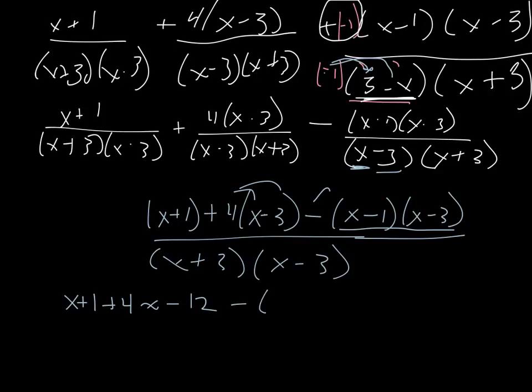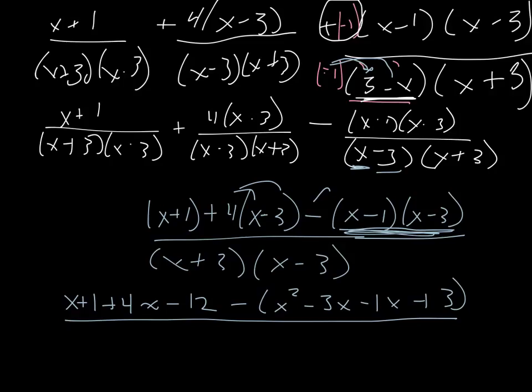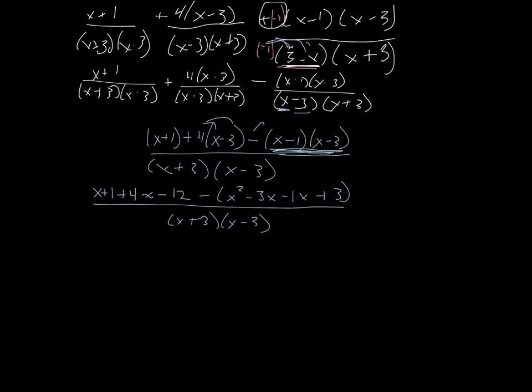So it'll be x squared minus 3x minus 1x plus 3. That's what you get when you FOIL this, all over that lowest common denominator, x plus 3, x minus 3. Okay, and then I've got to apply that negative sign. Let's do that.